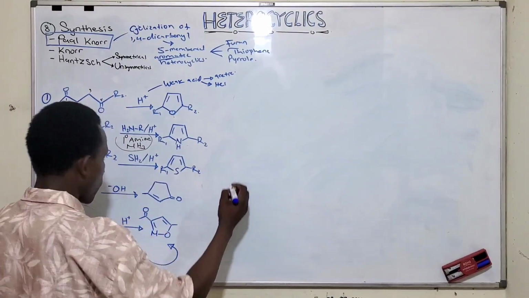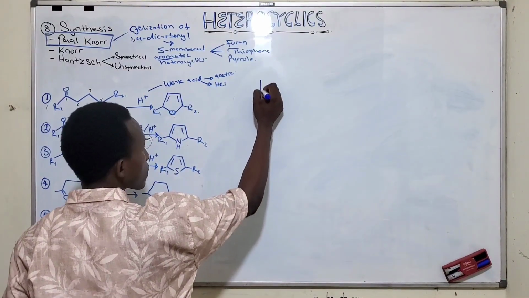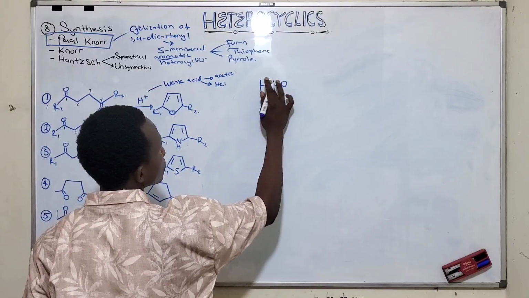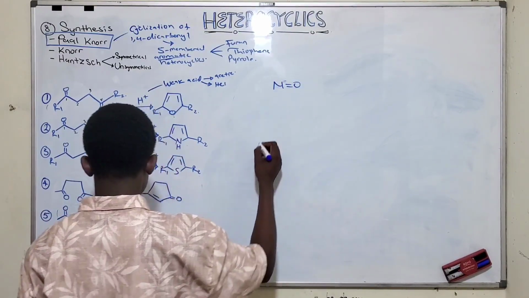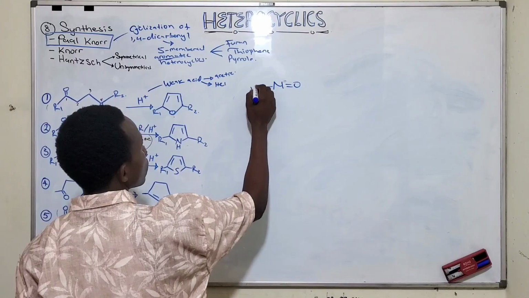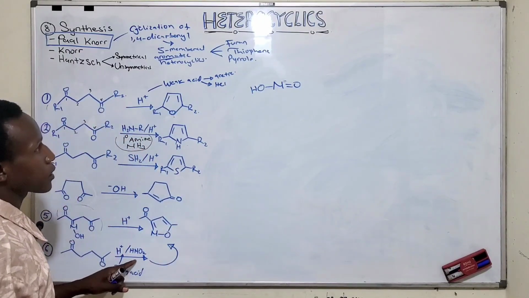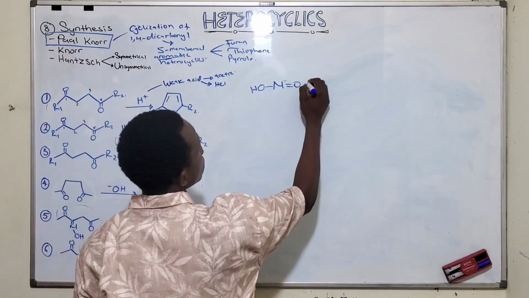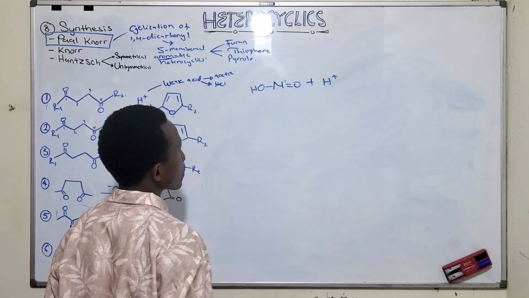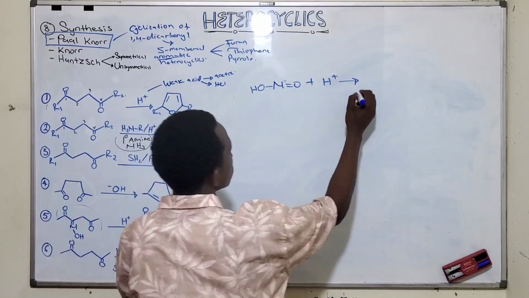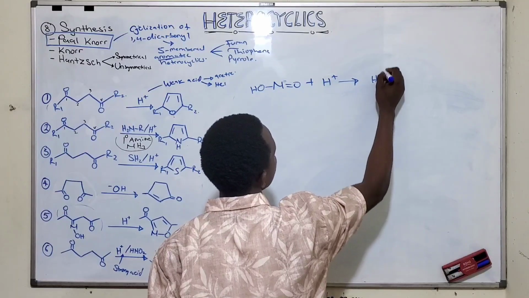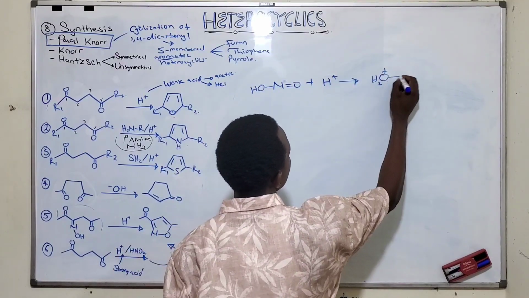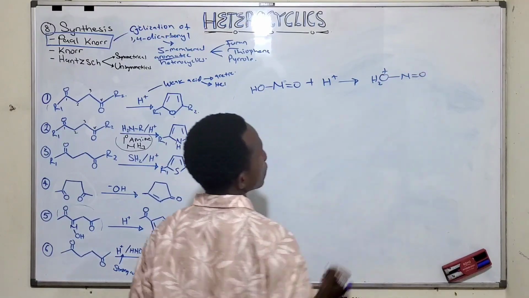So if you have nitrous acid, this nitrous acid with OH like this, plus another acid, we shall form this OH2 plus with N like this.